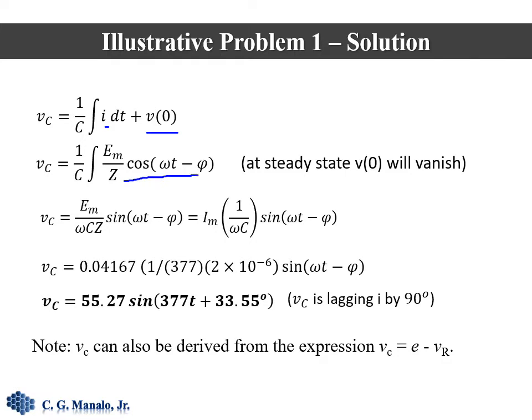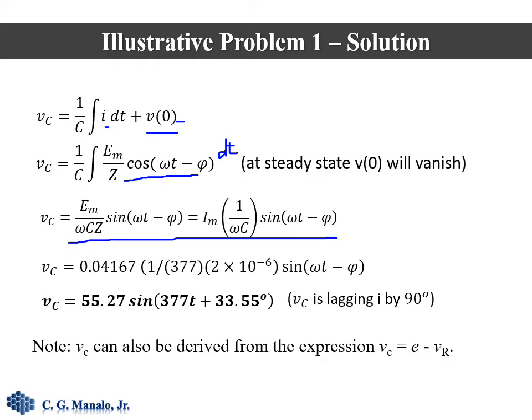So this is the steady state current. So we put it here inside the integral with dt. We didn't include the initial voltage anymore because at steady state this initial voltage will actually vanish over time.